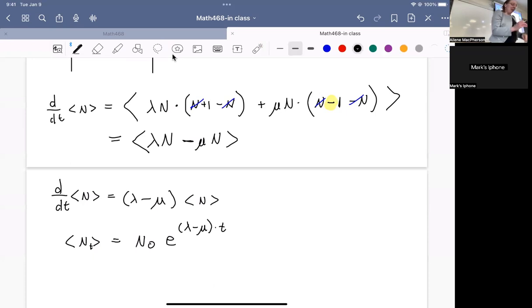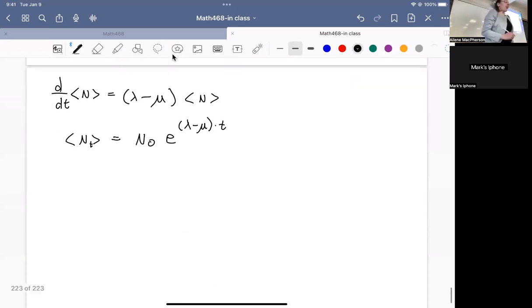Okay, but we can even go further. We may not quite get done with this, but we can talk about not just the expected number of species, but the variability in the number of species by asking the question of what is d n squared dt.